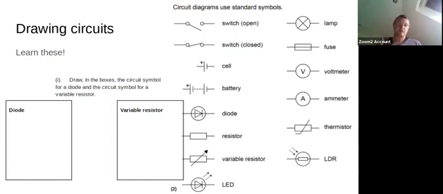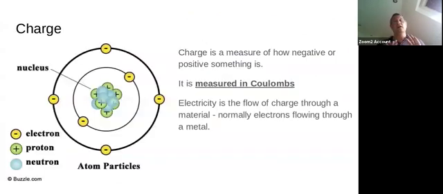Test yourself both ways around. Can I recognize what that symbol is? Can I remember what the symbol is from the name? They make brilliant flashcards. We're going to be using those a little bit today, and there are some exam questions which use circuit diagrams, so you will need to know these, but I'm just drawing your attention to them, and moving on pretty quickly.